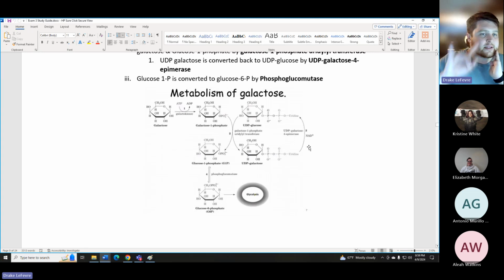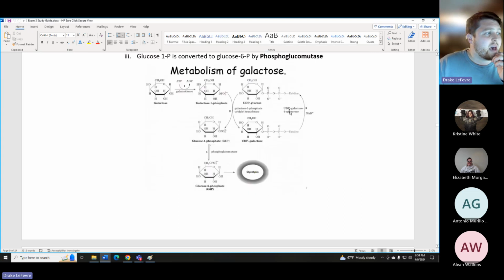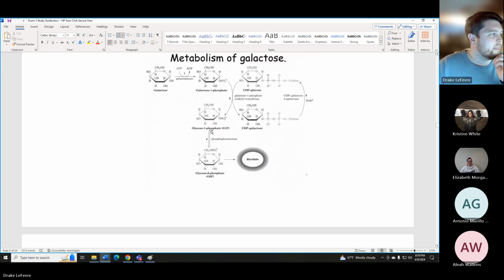Epimer, remember epimer is like that mirror image. So it changes it. Epimerase is very similar to what we talked about with the mutase and isomerase as well. There's a lot that are like isomerases. Just kind of keep those names straight. And the epimerase converts the galactose to glucose.